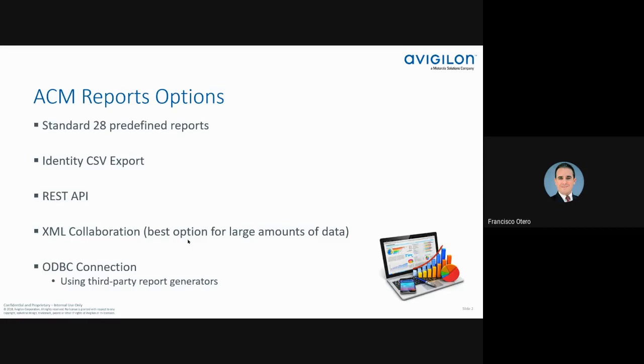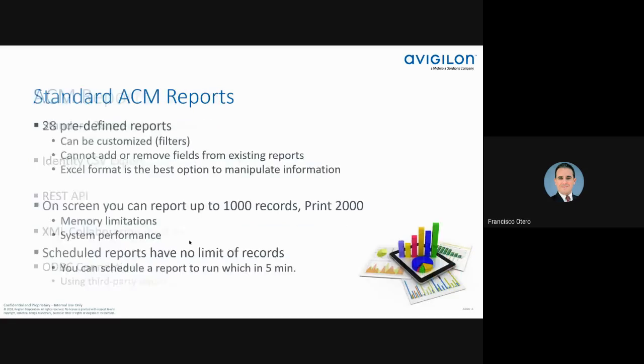All right, so let's get started with standard reports. These are the reports that come in ACM, preloaded, ready to go. Those are the 28 reports in there. They can be customized, not really customized, filters. So we can go there and filter the reports, and I'll show you.